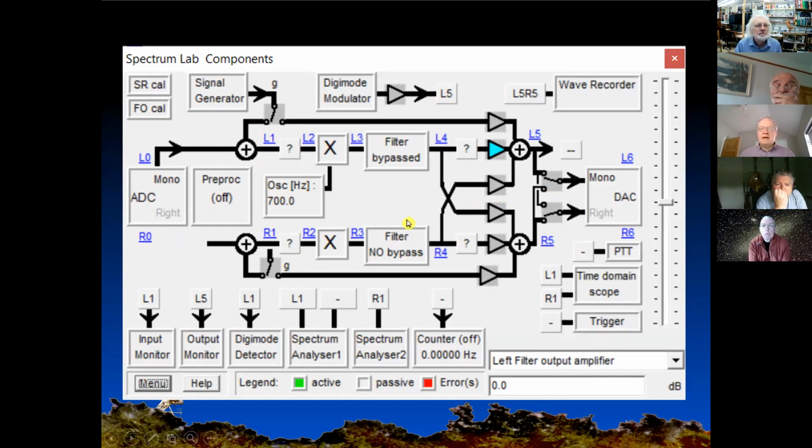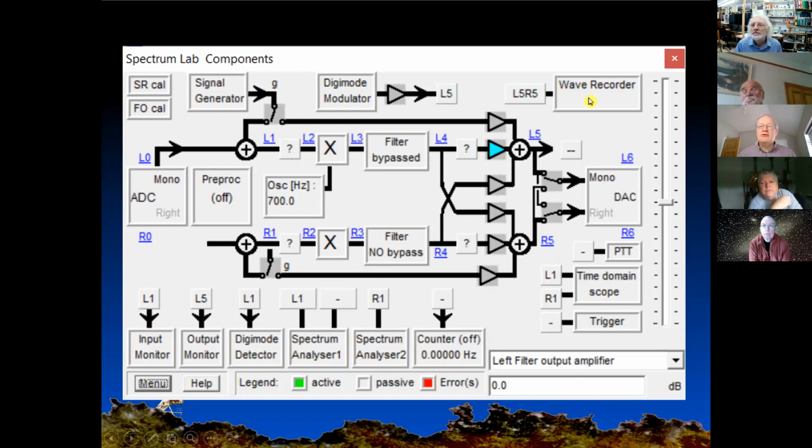Around that basic signal processing path, we have a number of instruments to monitor and analyze what's going on. We have a time domain scope, an oscilloscope, to be able to look at the signal.